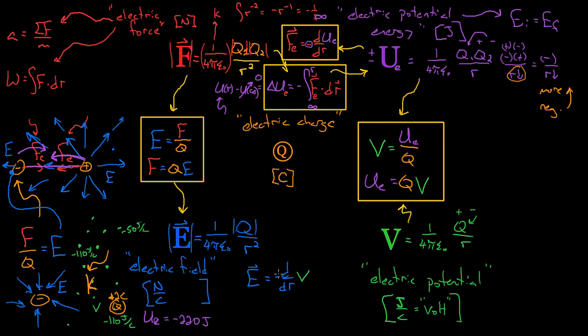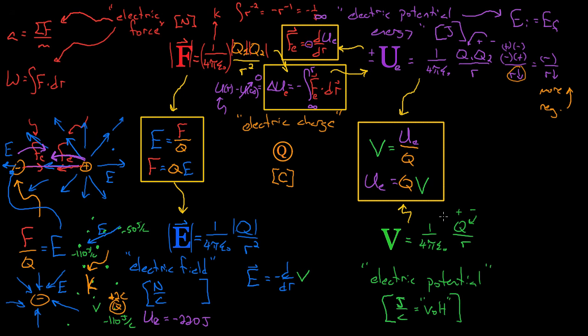Electric field points toward lower V. So the electric field is going to be pointing that way. And that kind of makes sense. Look, it's toward this negative charge. The electric field points toward lower V, just like force points toward lower potential energy.